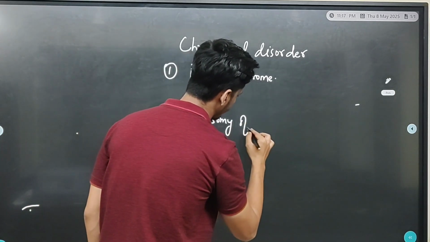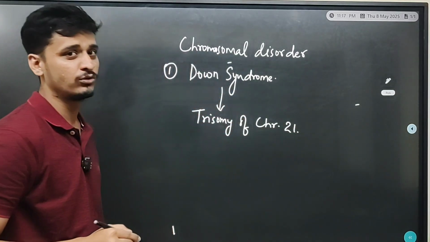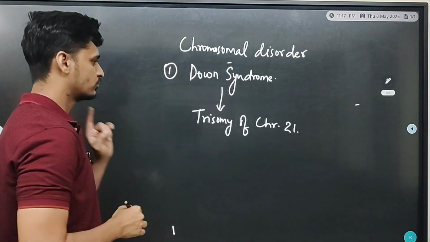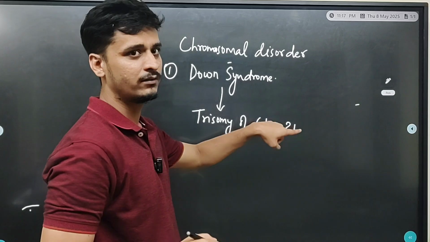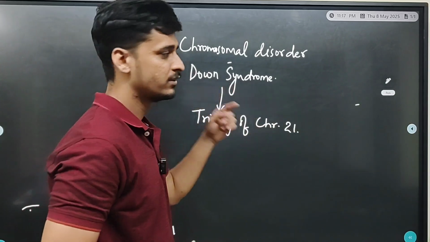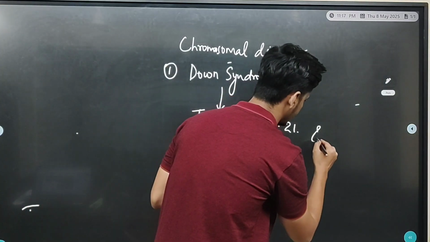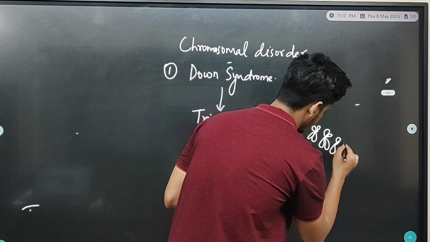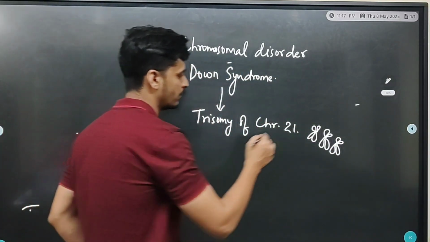Chromosomes occur in pairs. So in a normal person, chromosome number 21 will have 2 chromosomes, but in a Down syndrome patient, chromosome number 21 has 3 chromosomes.